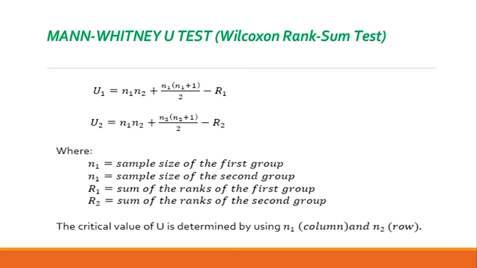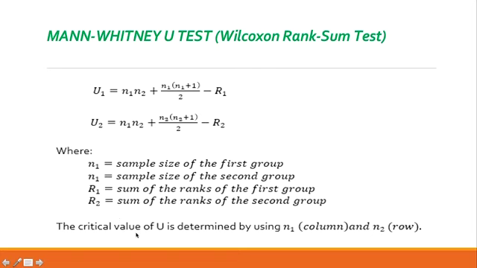For the Mann-Whitney U test, we are going to make use of the two formulas here for the computed value of U. Here we are going to choose whichever between U sub 1 and U sub 2 has a smaller value, and that will be considered as the computed value of U. The n sub 1 and n sub 2 are the sample sizes of the groups, and R sub 1 and R sub 2 are the sums of the ranks.